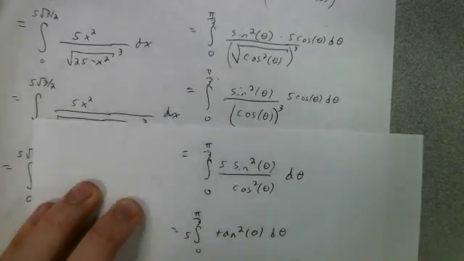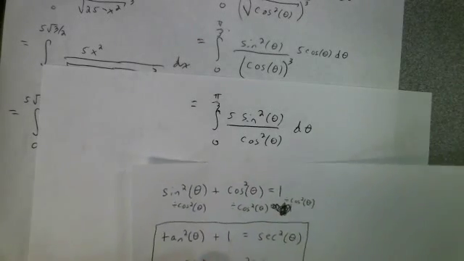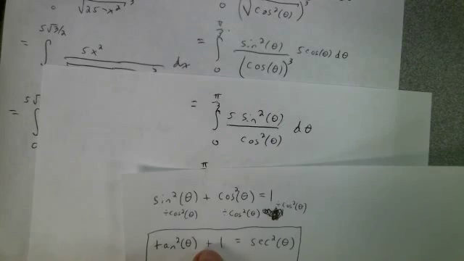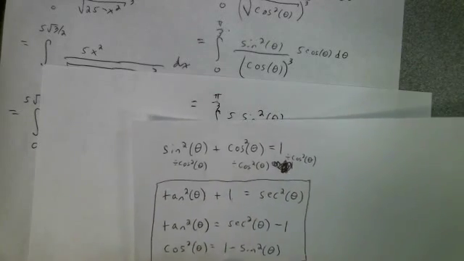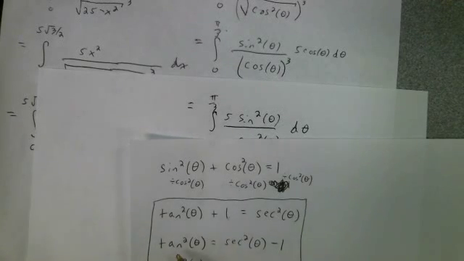theta d theta. Now, I don't know an antiderivative of tangent squared, so you got to say, maybe a trig identity will help. Well, tangent squared plus 1 is secant squared. Subtract 1 from both sides. Tangent squared is secant squared minus 1. I don't know that antiderivative, but I do know an antiderivative of secant squared.